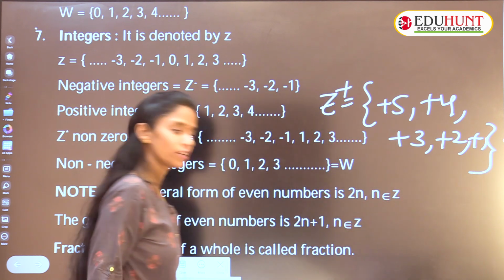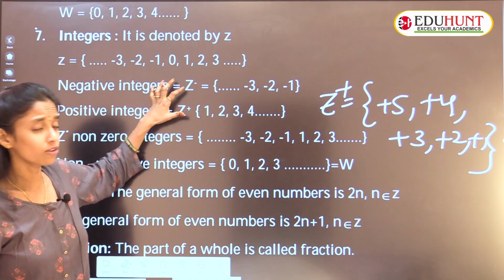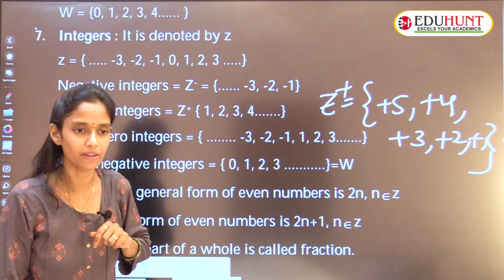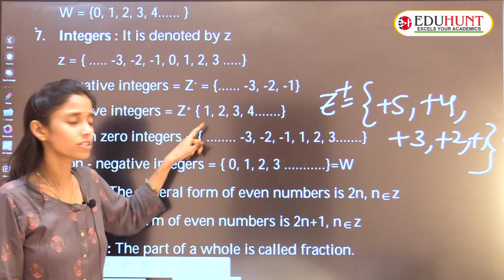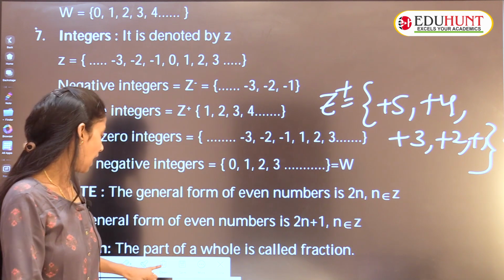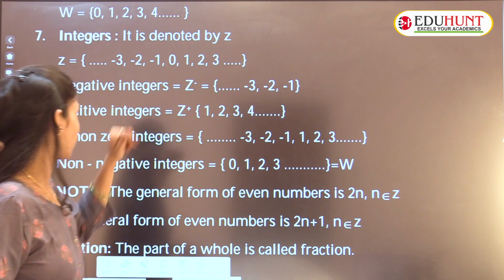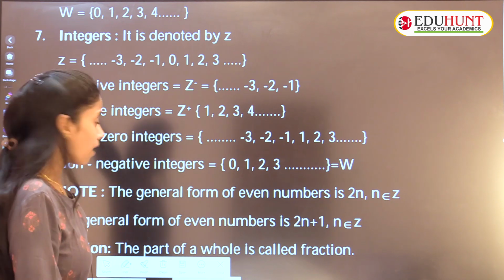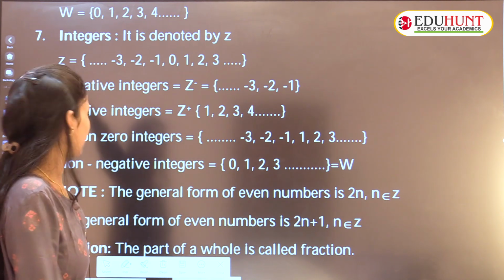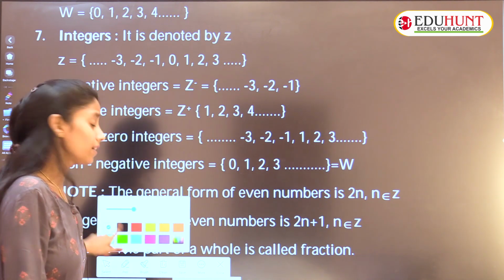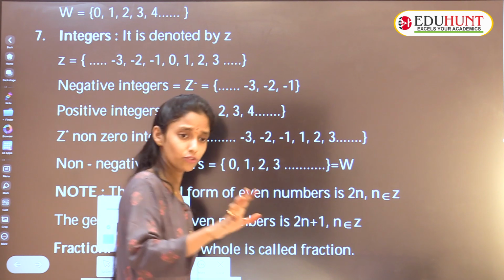So from this, what did you understand? Whenever you talk about integers or about negative, you have to take negative numbers. Whenever you talk about the positive, you have to take positive numbers, and 0 will always be 0. So here I have to introduce one point. See, now, few years back, like 4 or 5 years back, the integers were denoted with a capital Z. But before that, don't get confused, children.